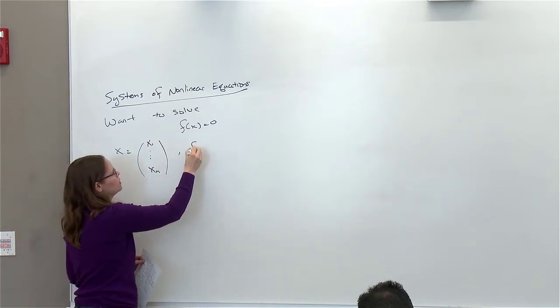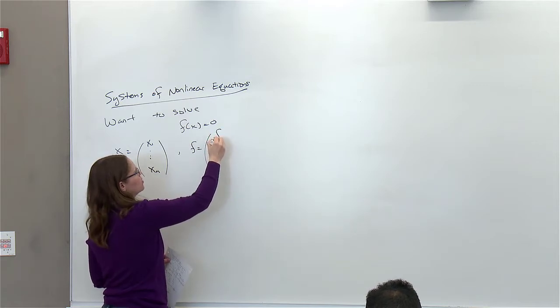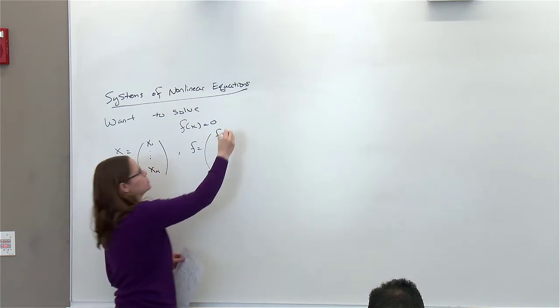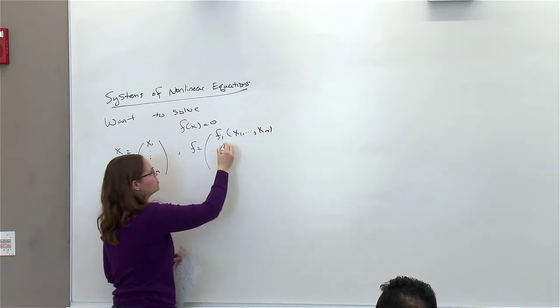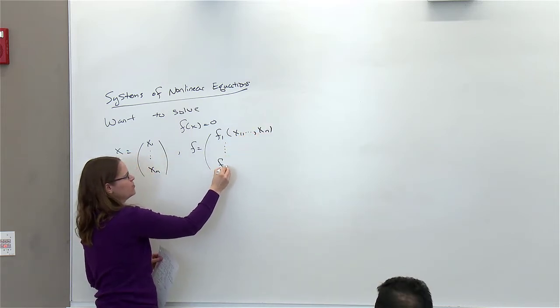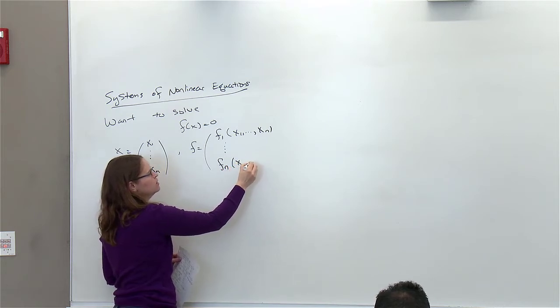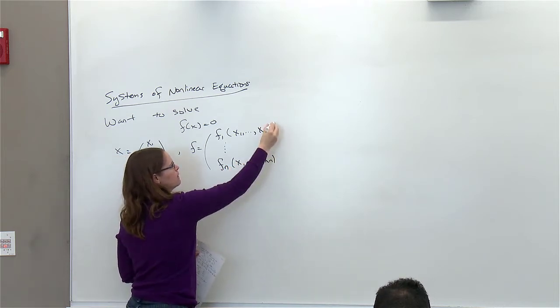Okay, and f is going to consist of the components f1, which depends on all of the different components of x, all the way to fn, which again depends on this entire vector.